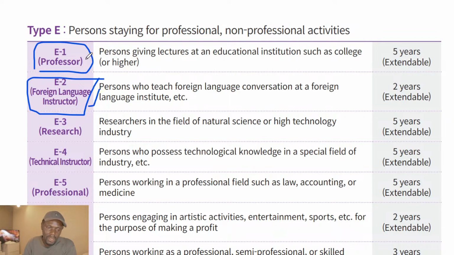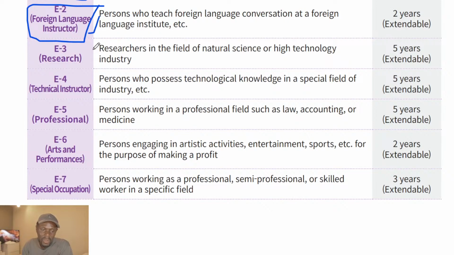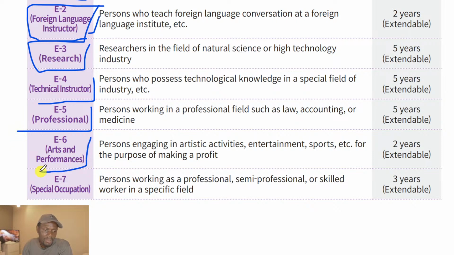For those people who are teaching in universities in South Korea, they have an E1 visa. And then for those who are into research, they have an E3 visa. And then technical instructors have an E4, professionals E5, arts and performance E6, special occupation E7.